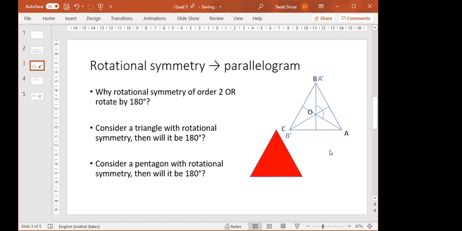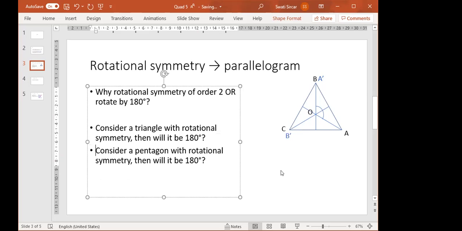So similarly, in light of this, can you tell what it is going to be for a pentagon? Is it going to be 72 degrees or something else?